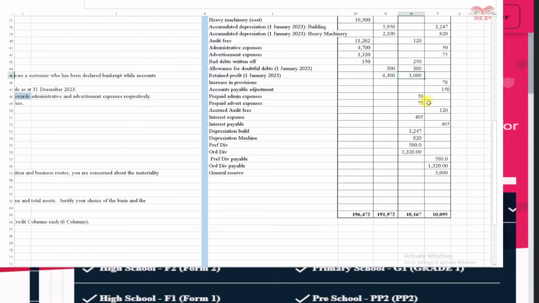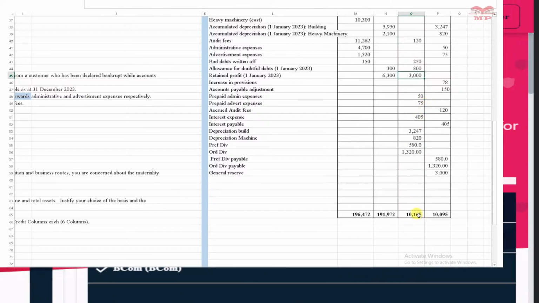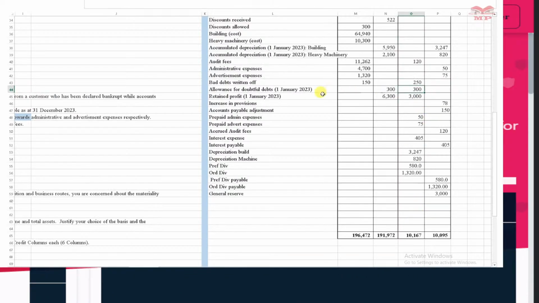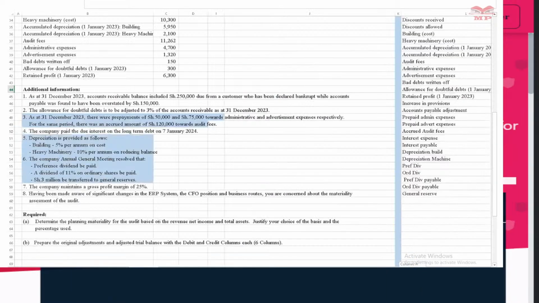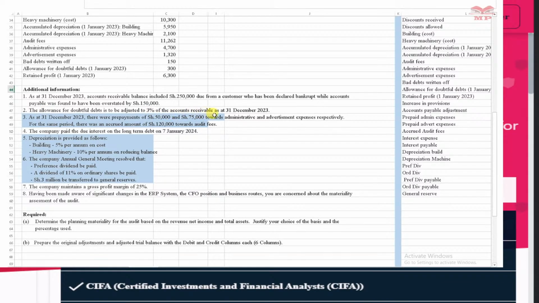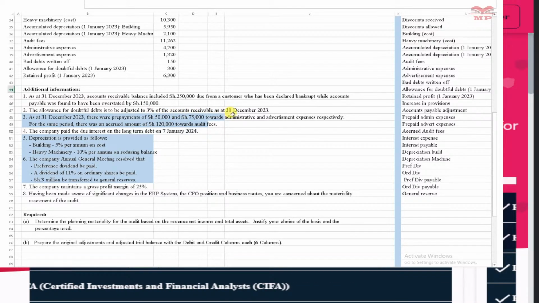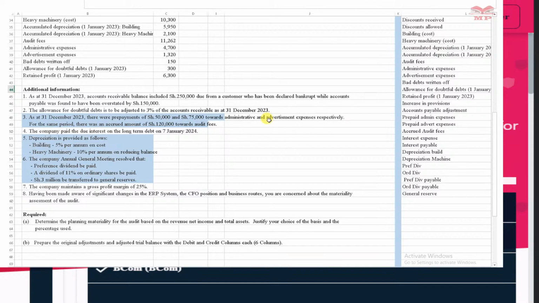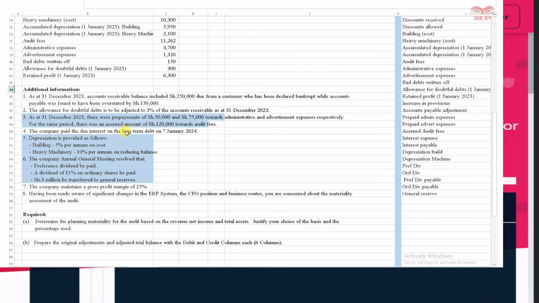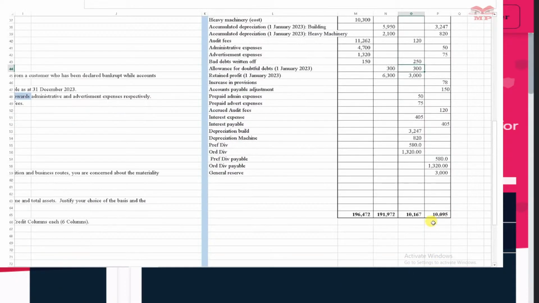So it's still not balancing by some smaller amount over here. But what I'm saying over here, the allowance for doubtful debts, we're told it should be adjusted to be 3% of the accounts receivable as of 31st December 2023. And then we just proceed and try to analyze the difference between the two.